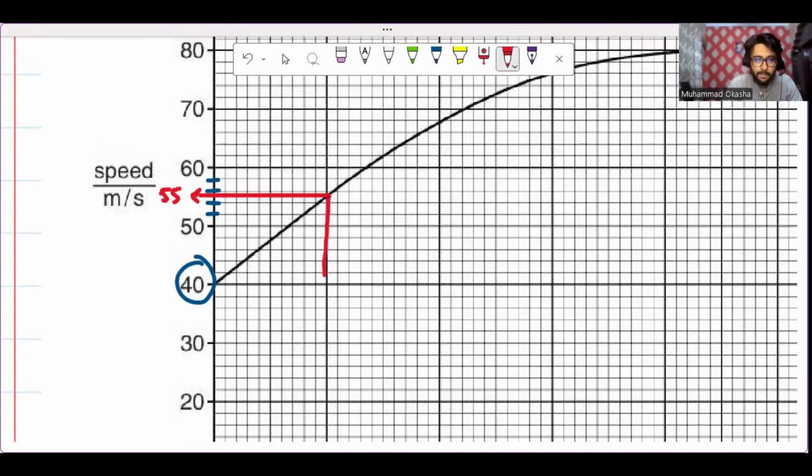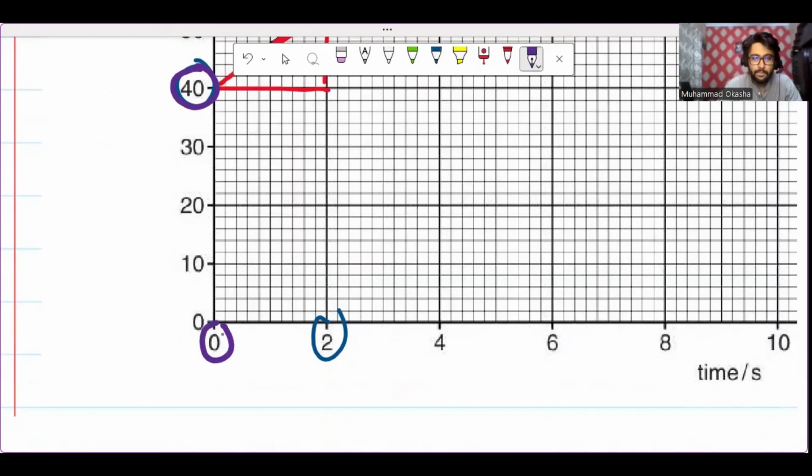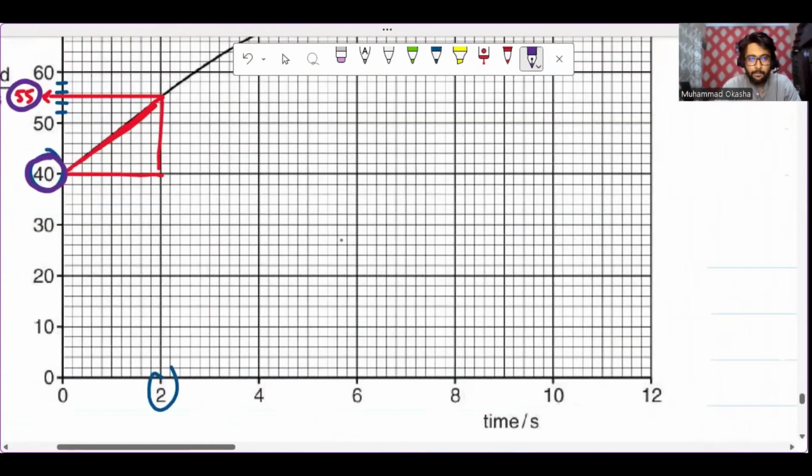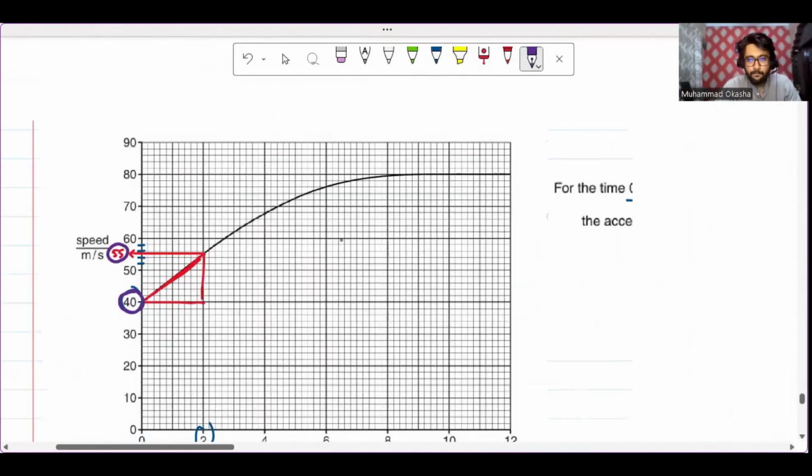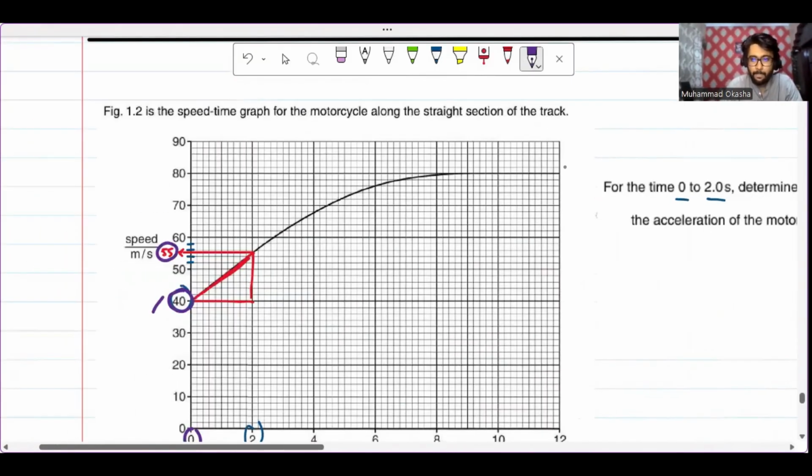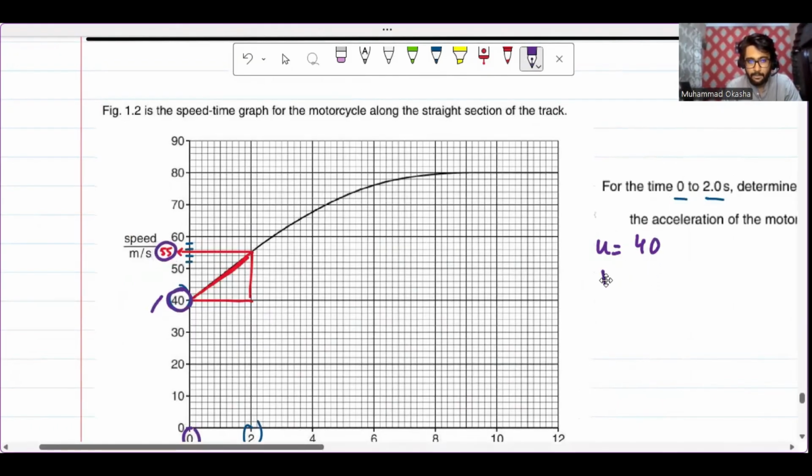Sorry, this is the gradient of the triangle that I'm interested in because I want to work out the acceleration. So final speed is 55, initial speed is 40, and the time taken is from 0 to 2 seconds, so 2 seconds. Initially, the speed was 40, so u equals 40. Final speed v equals 55, and the time is 2 seconds.